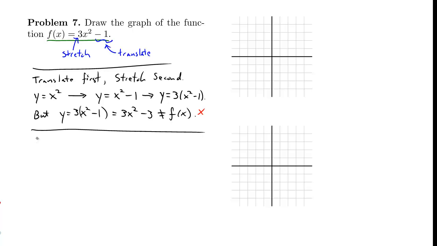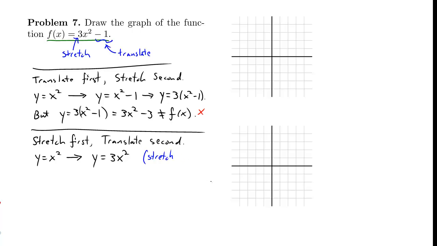If we work in the opposite order, we stretch first to take y equals x squared to y equals 3x squared. Then we translate this down after to get y equals 3x squared minus 1. This is f.